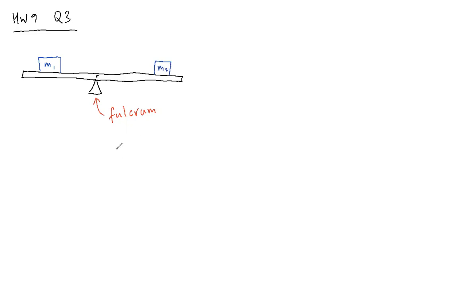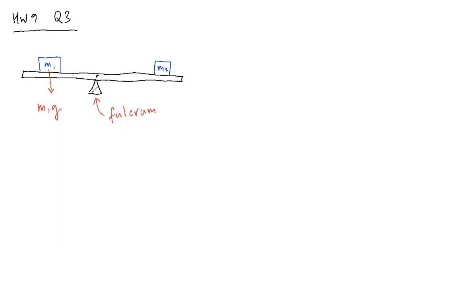All right. And so this guy is being pulled down by planet Earth. This means there's a force acting downwards on this side of the seesaw equal to m1g.